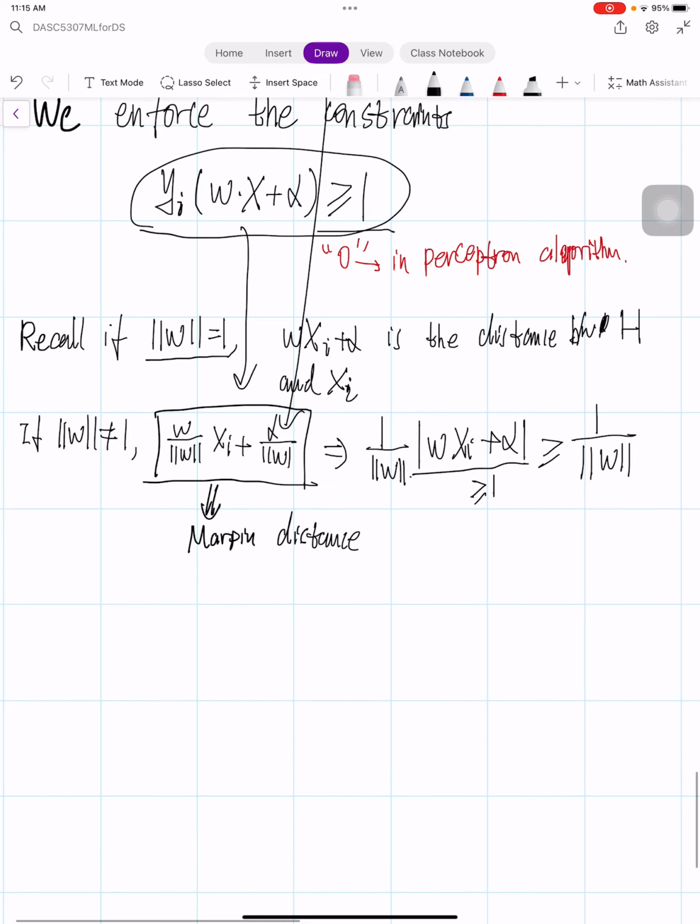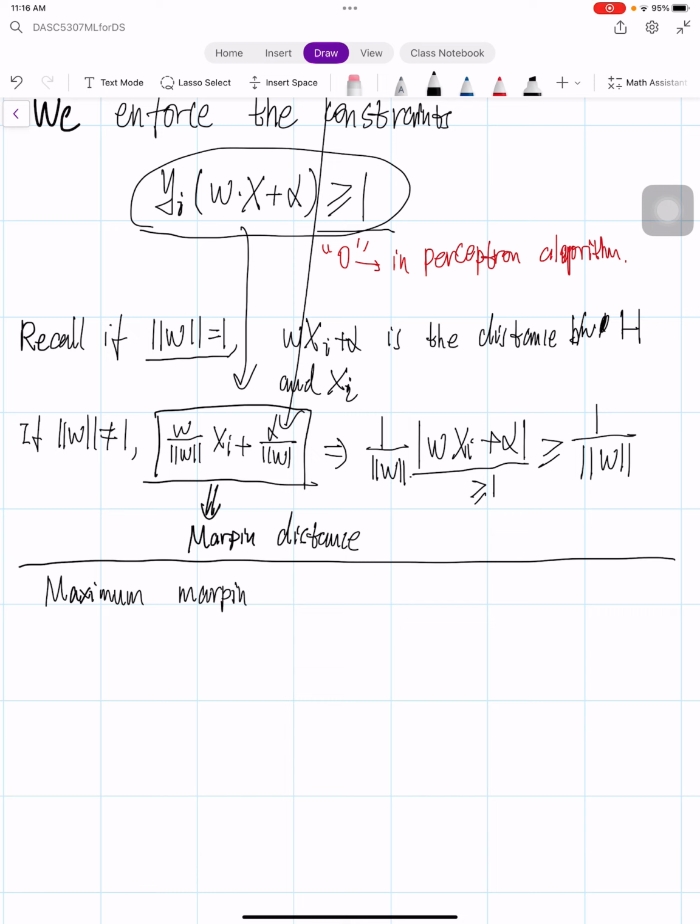So now we can give the algorithm. It's called the maximum margin classifier algorithm.